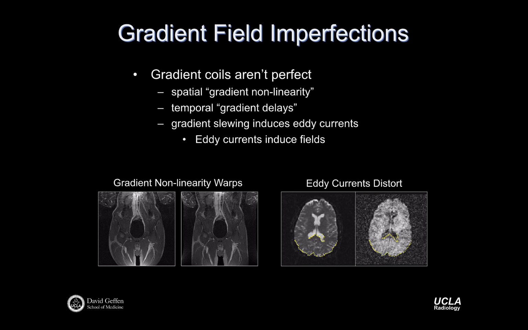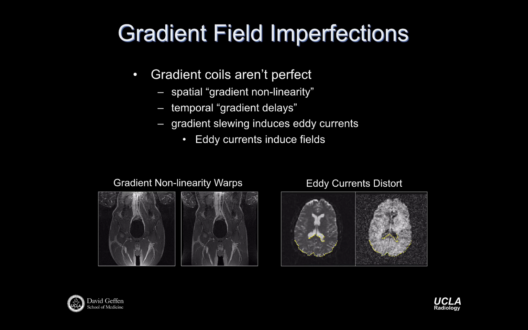We also have what we call gradient delays. So we turn these gradients on and off. The timing between turning those things on and off can have delays in the system, so we don't get exactly the behavior we want. I'll have a good example to show you what that looks like. But another possibility is generating what are called eddy currents.